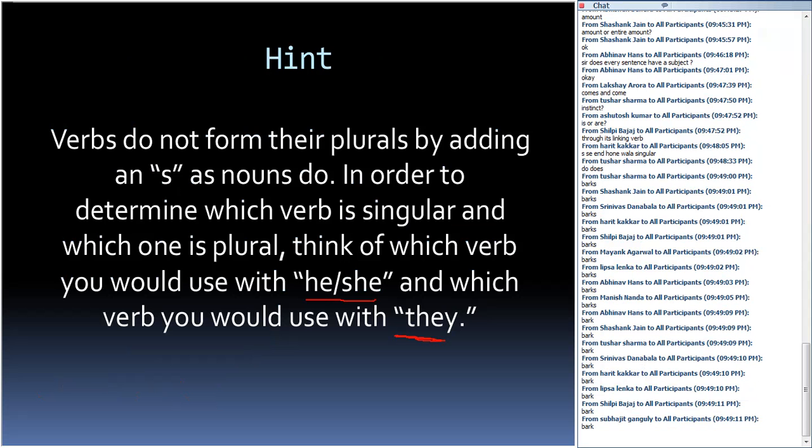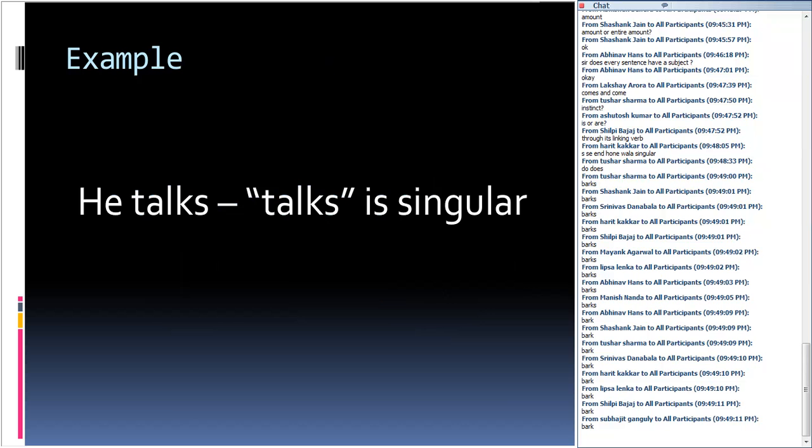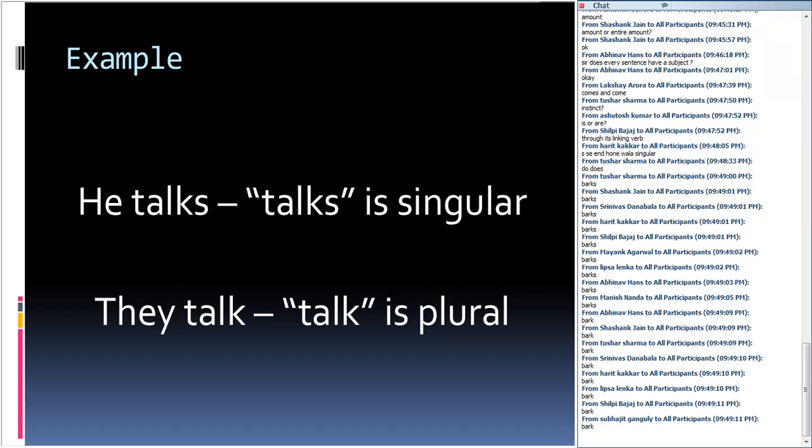He, she के साथ कौन सा verb लगाओगे और they के साथ कौन सा verb लगाओगे? The verbs that you use with he and she are singular. The verbs that you use with they is plural. Okay. For example, here he talks. Talks is singular. They talk. Talk is plural.